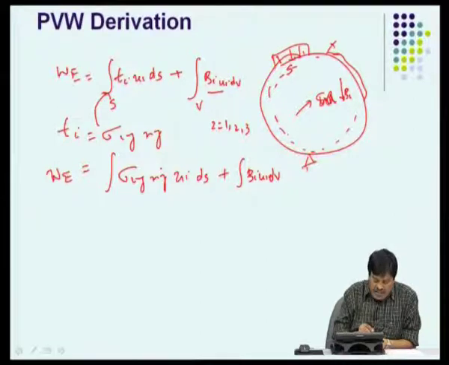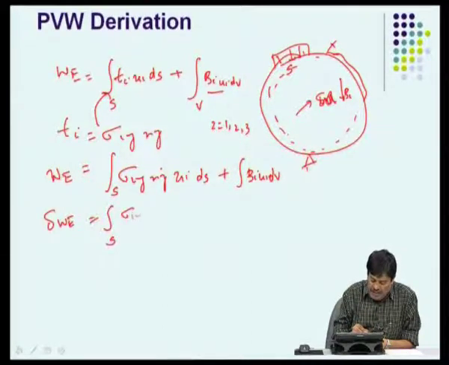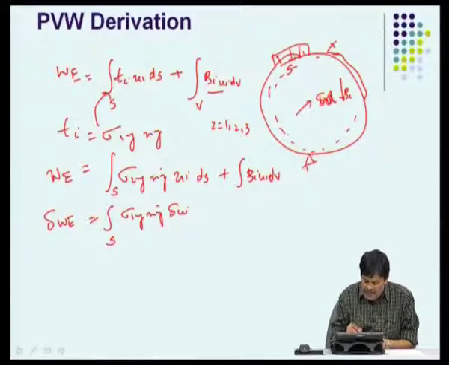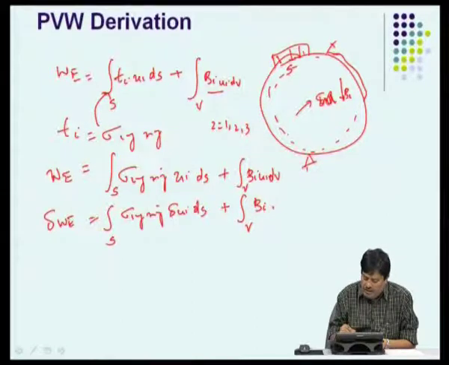We take a variation of this, which is equal to, over the surface, sigma ij Nj delta Ui, because we are varying only the displacement, not the stresses, into dS plus integral over the volume, which is Bi into delta Ui into dV.